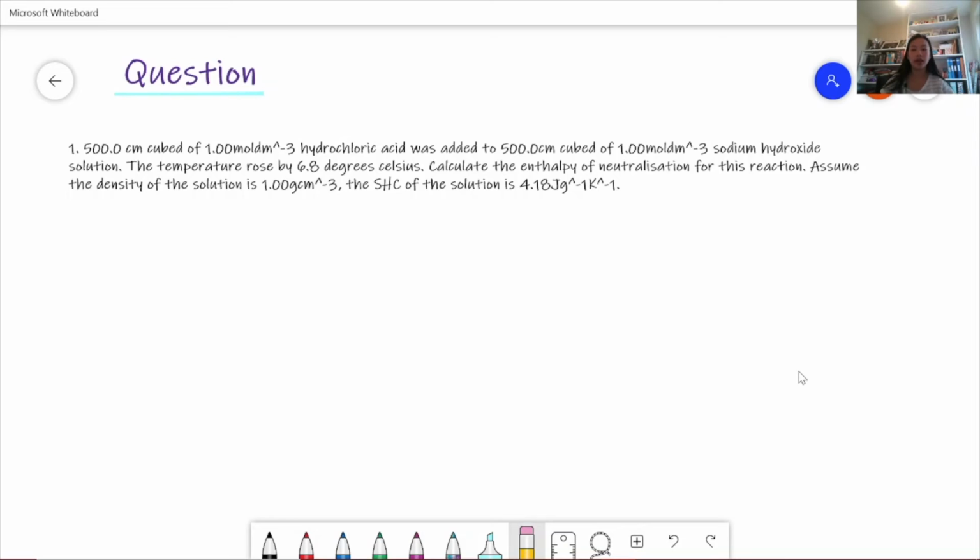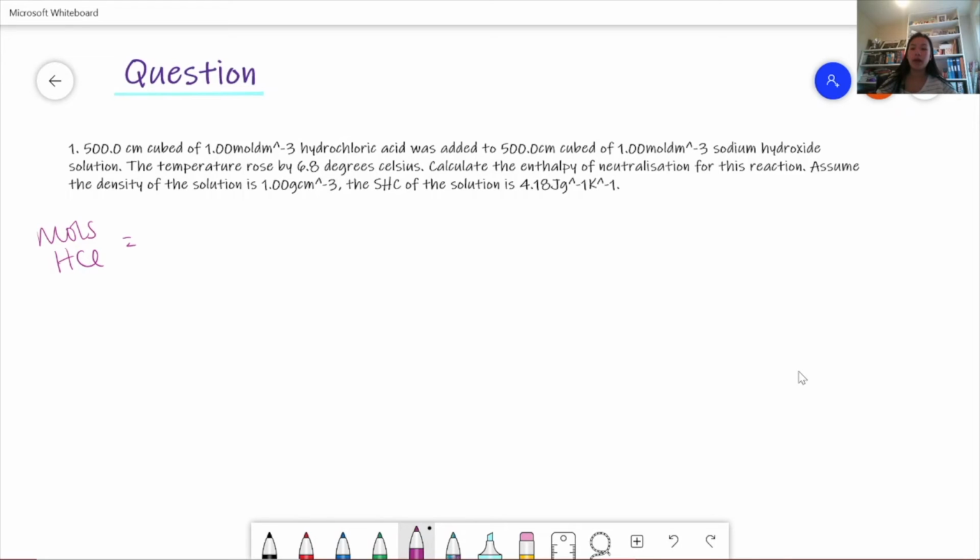So first what I would do is to calculate the moles of hydrochloric acid and sodium hydroxide to see what actually reacts. So the moles of hydrochloric acid equals the mass over the molar mass. Actually for this one we use concentration times volume because we're not given the mass.